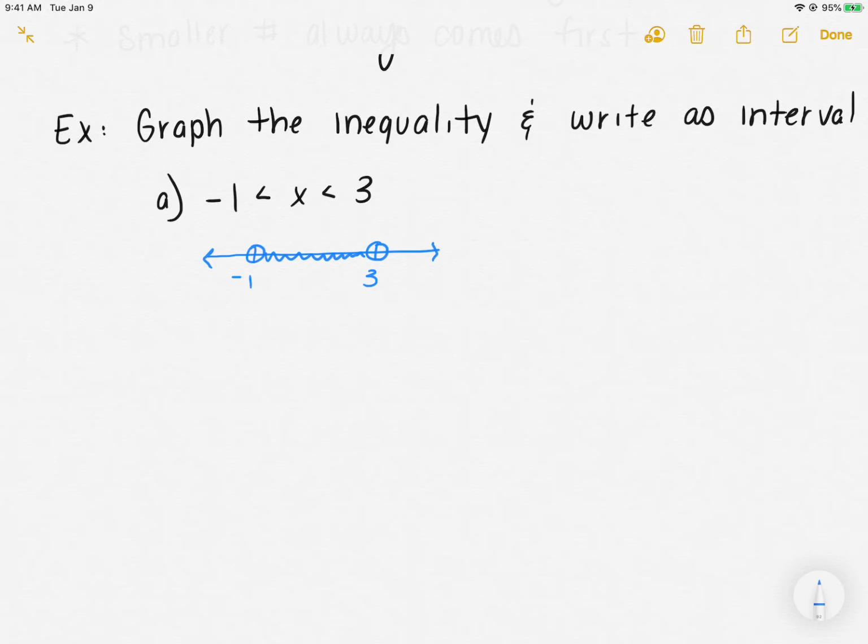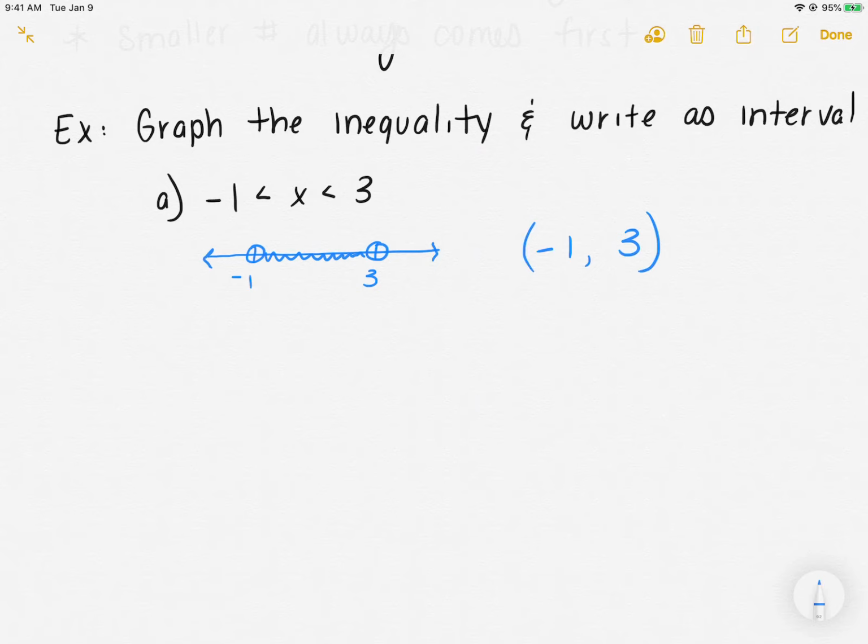So if you were going to write an interval for this, I like to first pick out my two numbers and then go back and do my parentheses and brackets. So I look at it and I say, okay, I'm going from -1 to 3. I'm not including -1, so I get a parenthesis. And I'm not including 3, so that also gets a parenthesis. And now I'm done.